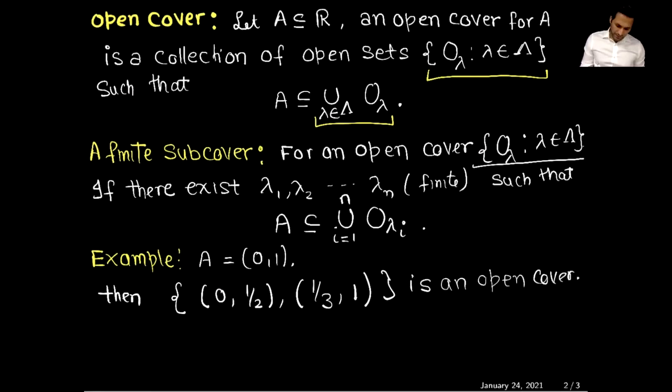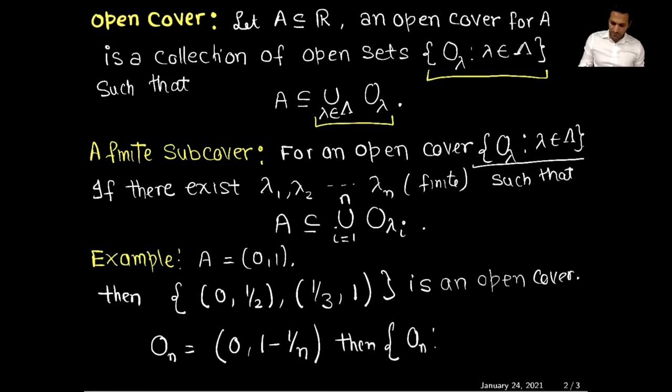And there is another collection I can consider, basically O_n, and in that collection I will consider (0, 1 minus 1/n).